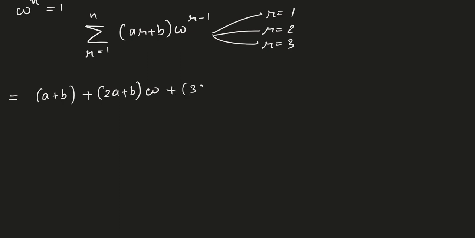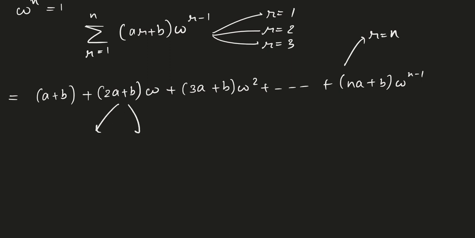Then we'll take this series further, at r equals n, we'll get this expression. First of all, please realize that in the end, b is also being multiplied by omega and a is also multiplied by omega, so we can break it into simpler terms like 2a omega and b omega.